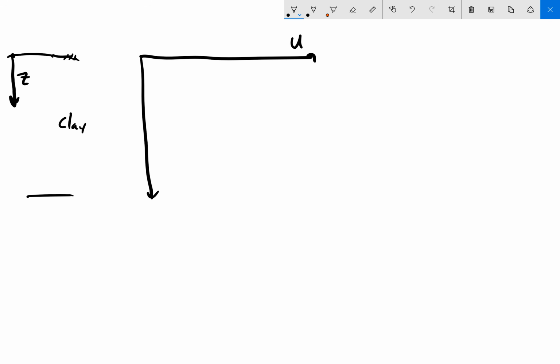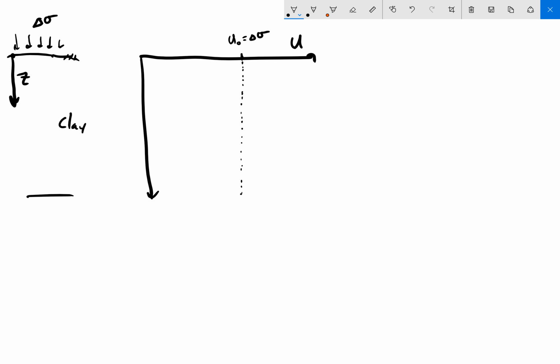So this is pore pressure. So when I come along and I apply some stress to this clay layer equal to delta sigma at time equals 0, my pore pressure is going to take that all the way down through the clay layer. And that's going to be U naught, and that's going to equal delta sigma.